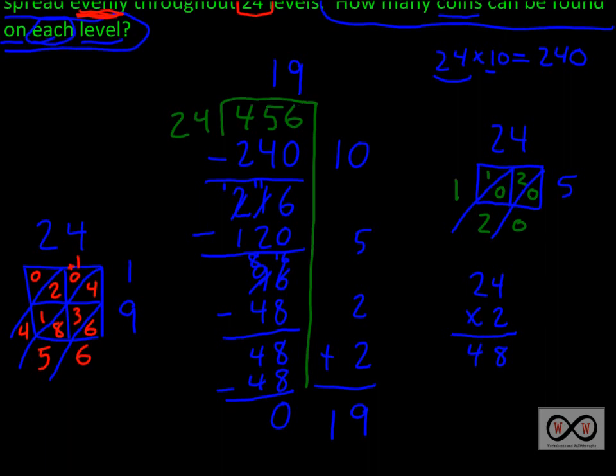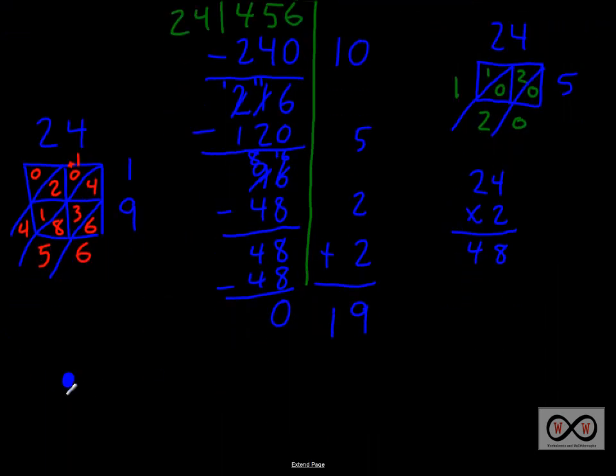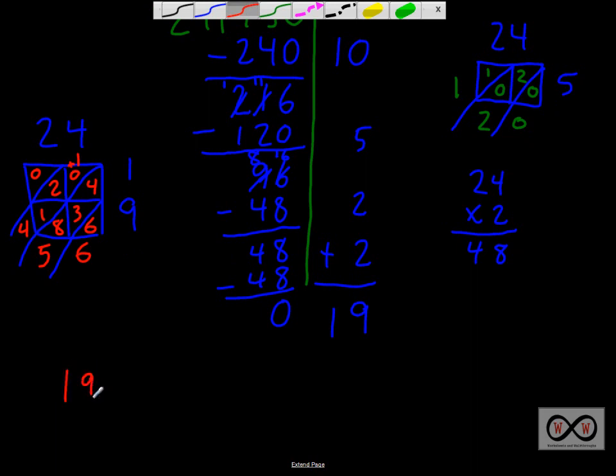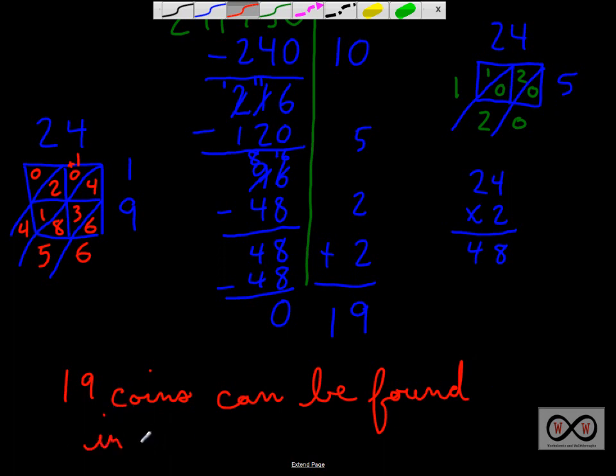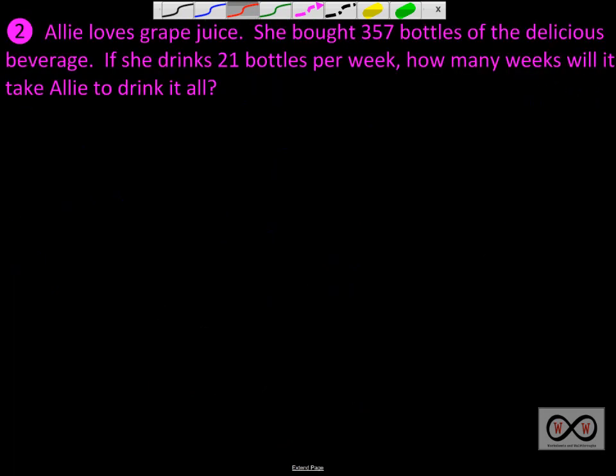So we can put that in a sentence and say 19 coins can be found in each level. And there you go. There's the solution to the first problem. Now we'll move on to the second example.